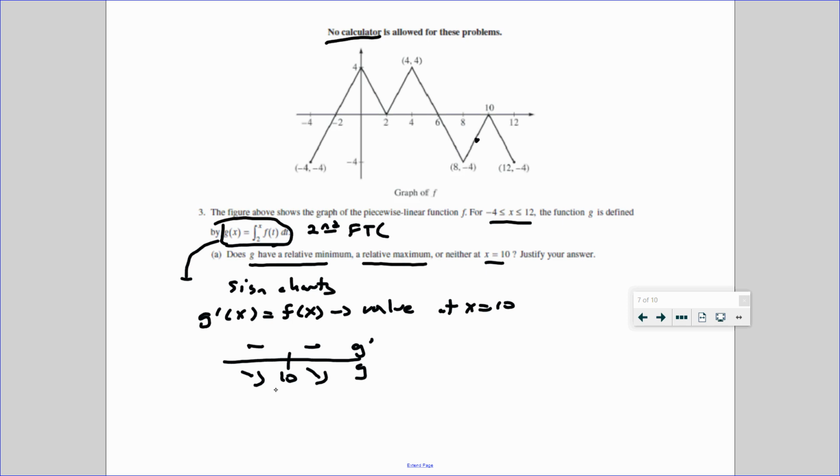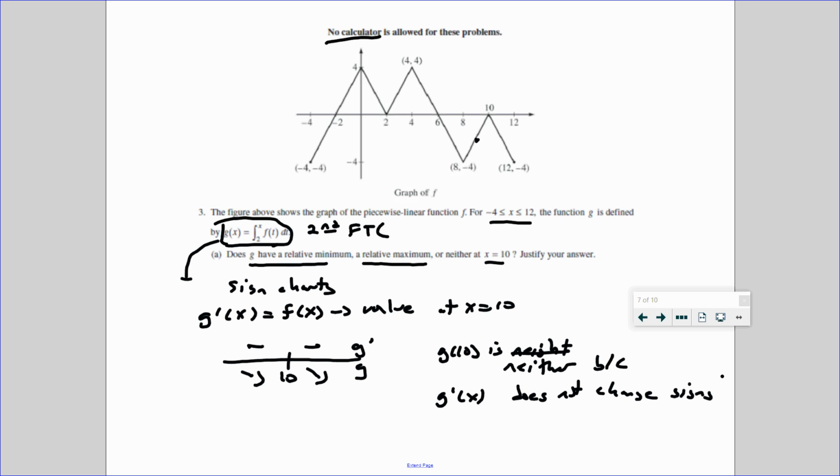So there is neither a maximum nor a minimum because the sign doesn't change. We would say g of 10 is neither, and that is because g prime of x does not change signs. That would be our answer.